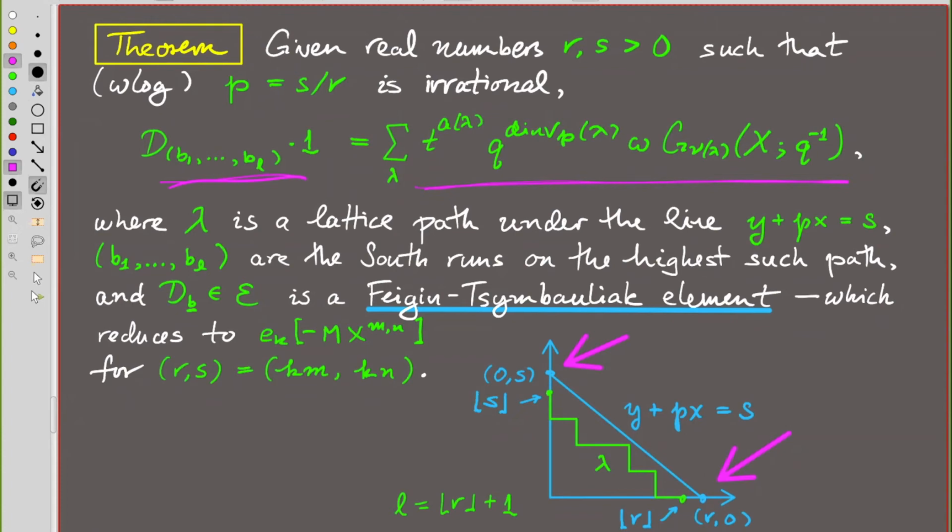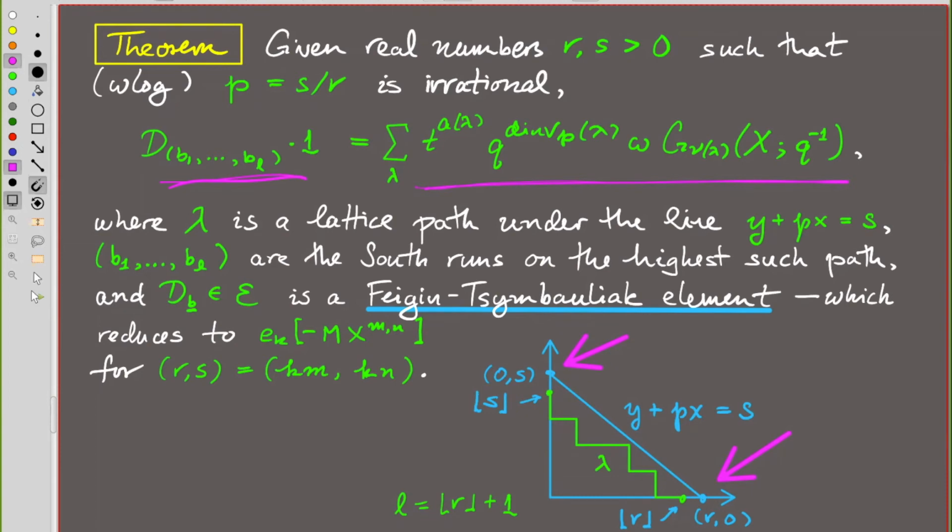And this sequence b1 through bl that indexes it, those are the south runs in the highest path that's under that line. And it turns out that in the case where the line runs from (km, 0) to (0, kn), that Feigin-Tsymbaliuk element is the operator e_k of minus x m n that appeared in the km, kn version of the Shuffle conjecture.